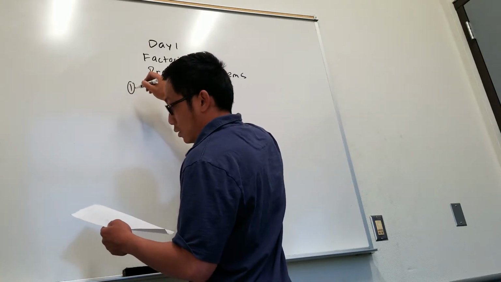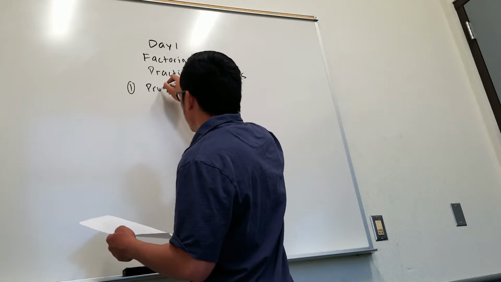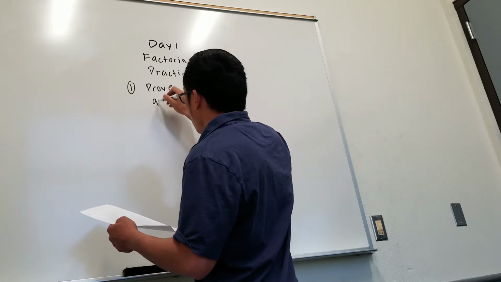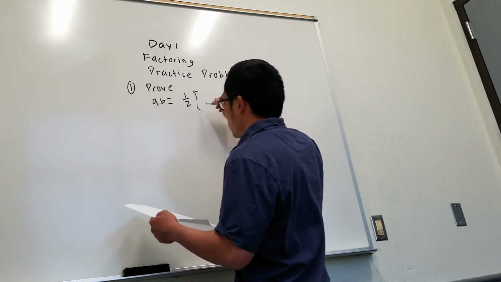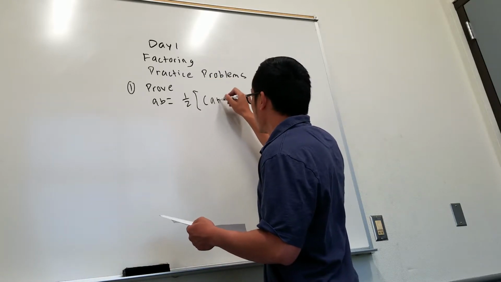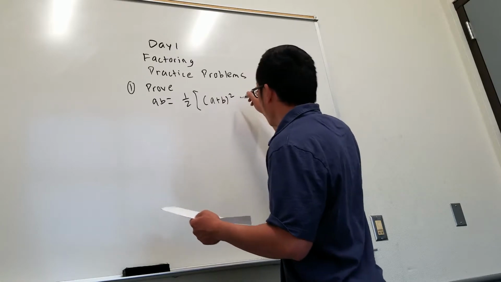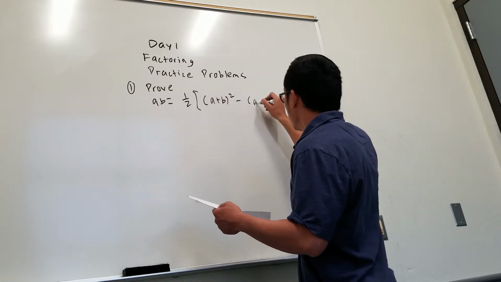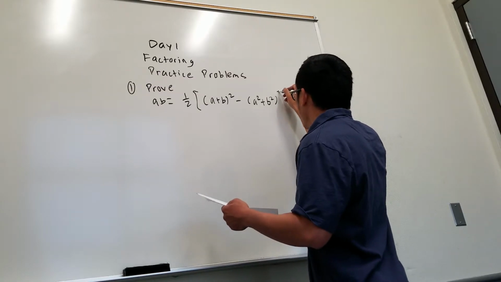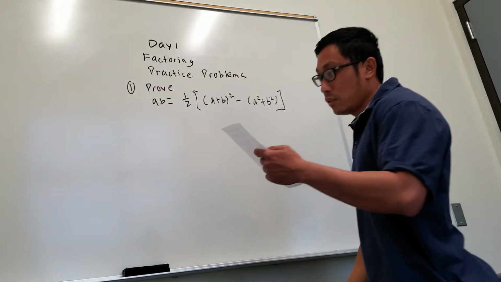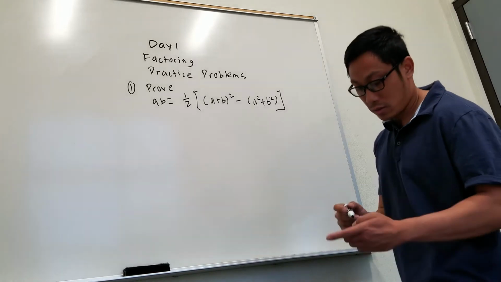Number 1, prove it. Also here, I want you to pause the video and try it out yourself. If you get one thing wrong, figure out why. If you need to go back to the video, go back to the video.